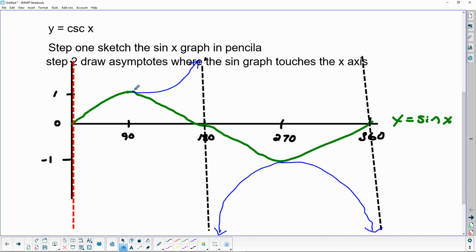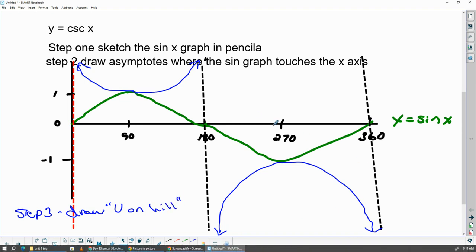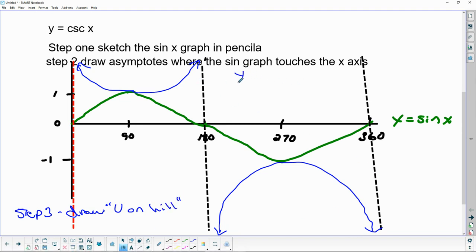So there's one period. Okay, and this is y equals cosecant x. And that's as simple as that.